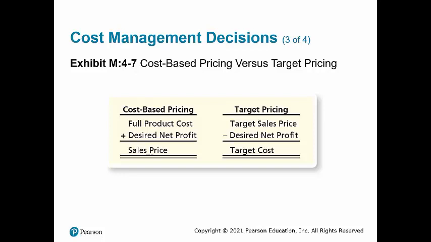Under target pricing, though, we start out with the price that the customers are willing to pay, subtract the company's desired profit to determine a target cost, which will then be the maximum cost to develop, produce, and deliver the product. Notice that the target cost includes all costs, not just the manufacturing costs, because the company's goal will be to achieve that target cost.